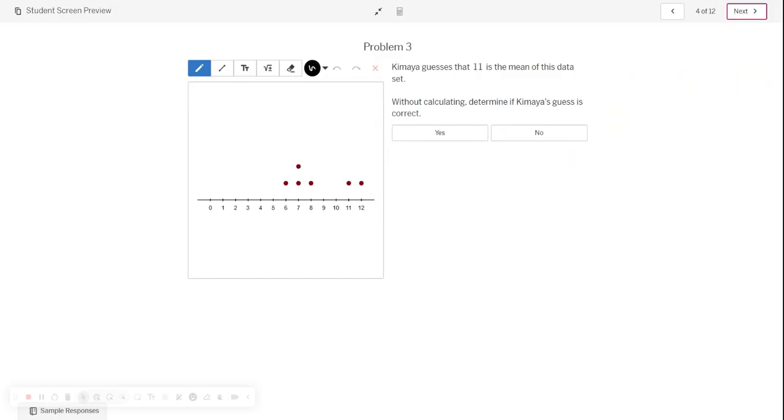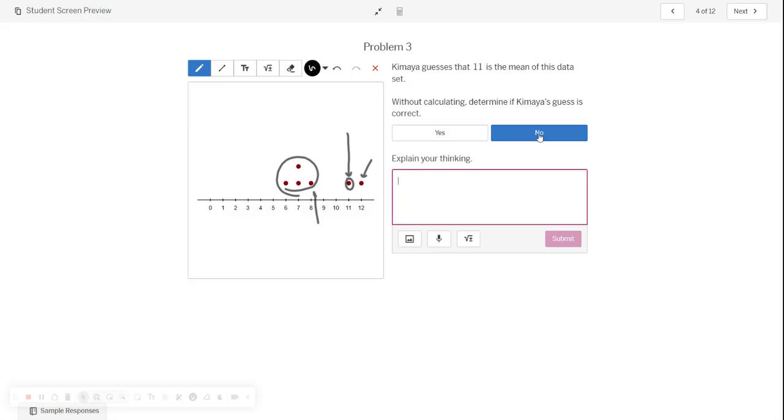Kamaya guesses that the mean is 11. Well, without calculating, I've got 11 right here, and there's one dot above 11, at 12. But then I have 4 dots over here. I would think that the average is going to be somewhere closer to 8 without calculating. No. And how do I know?